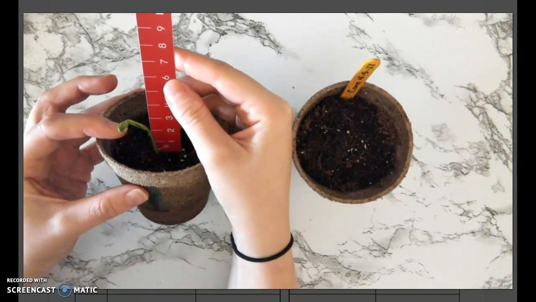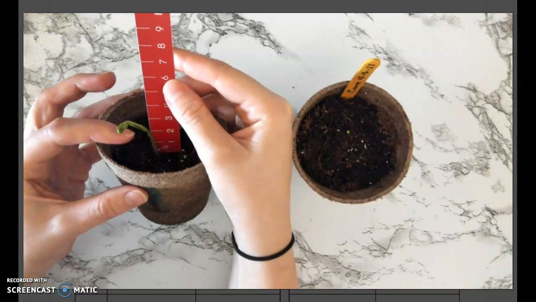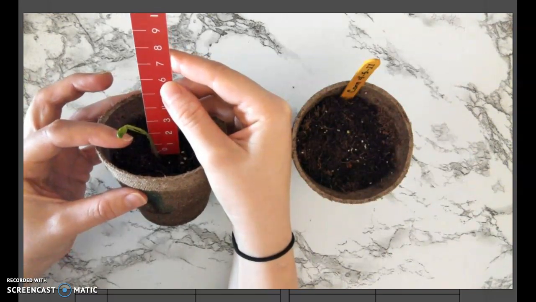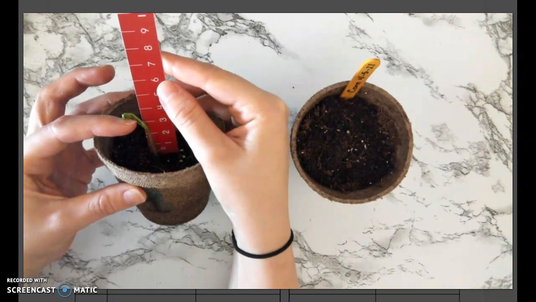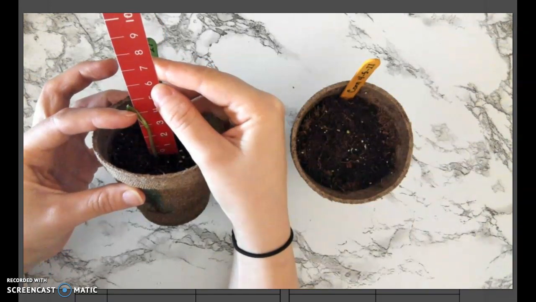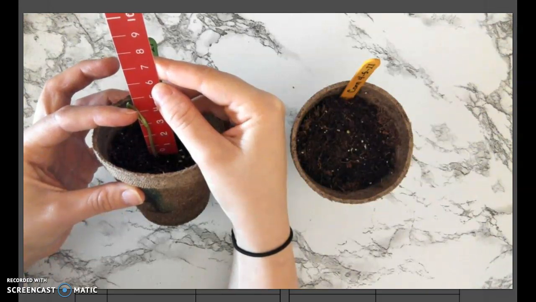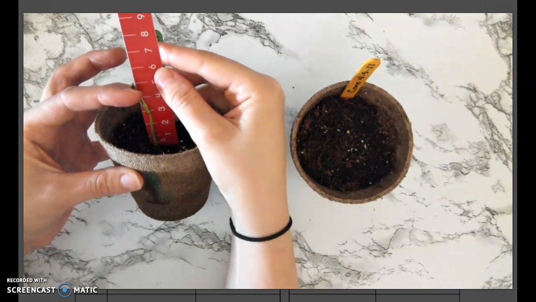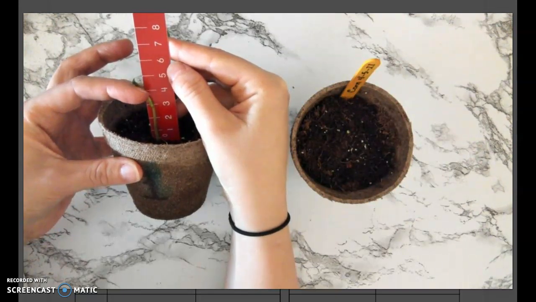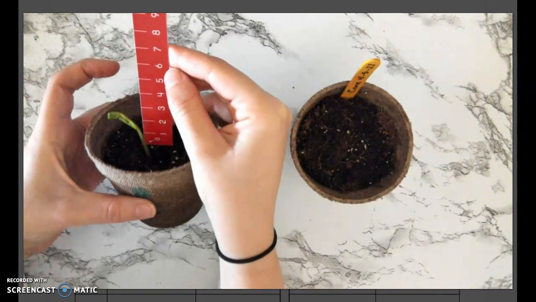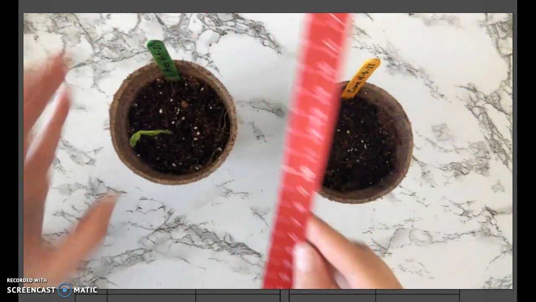And I need to remember to be very, very gentle with my seedlings so I don't damage them. I do want to get an accurate measurement, so I'm just going to gently hold up my pea plant, and I can see that it's right about at the 5 for 5 centimeters. And that's what I'll record for the height of our peas.